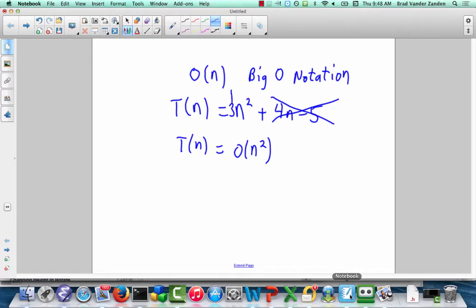We also get rid of constants. And so all we're concerned about is the largest factor. So BigO notation gives us the running time of an algorithm, the asymptotic running time of the algorithm.